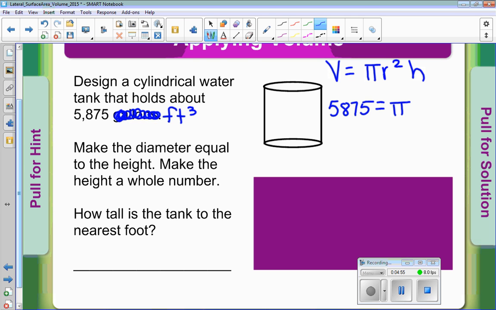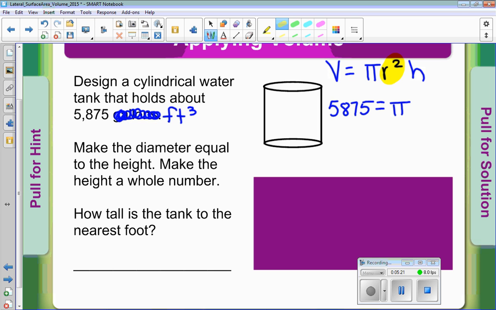Okay? Let's everyone think about it for just a second. We want it to be all in terms of the height or all in terms of the radius. Well, since we're looking for how tall it is, why don't we write everything in terms of the height? Is that okay? So I need to figure out how I can replace this and write it in terms of h.